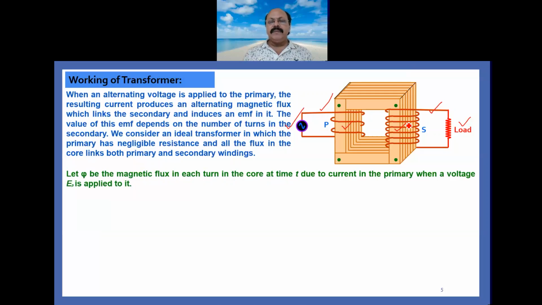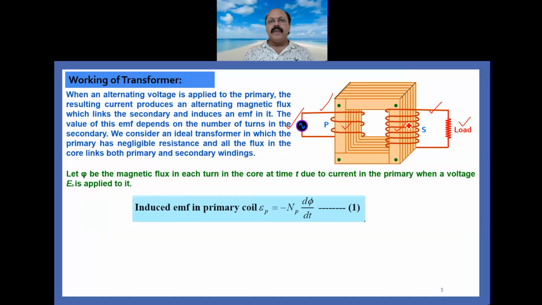Let phi be the magnetic flux in each turn of the iron core at time t due to the current in the primary coil when a voltage EP is applied to it. Then the induced EMF in the primary coil is EP equal to minus NP d phi upon dt, as you already learned in Faraday's law.